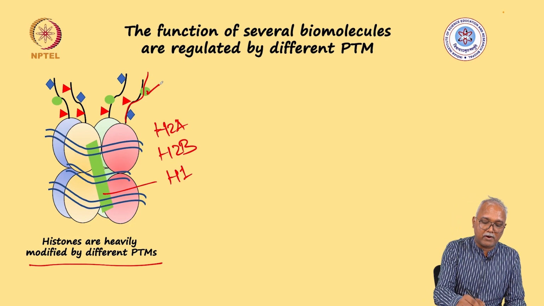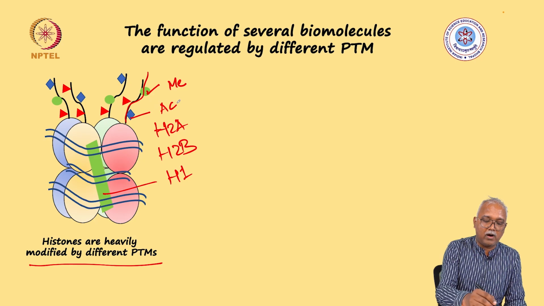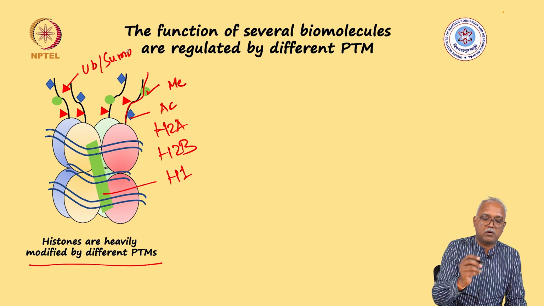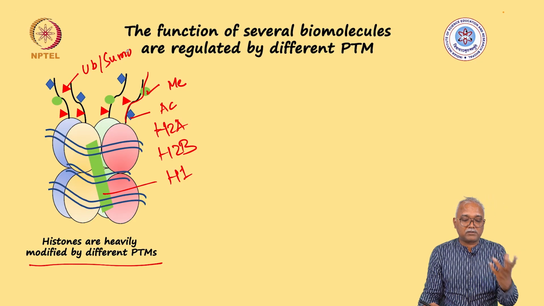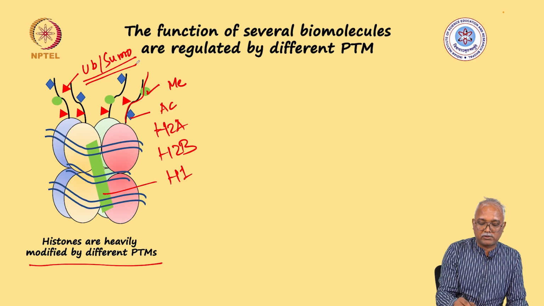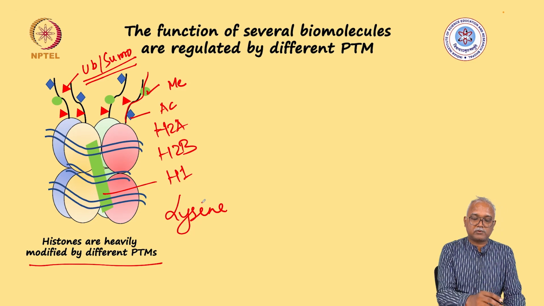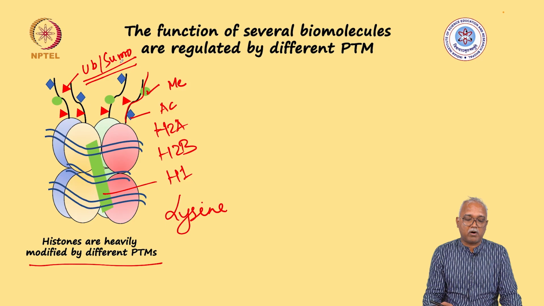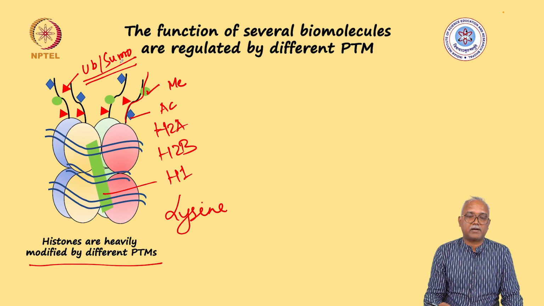There could be one type of attachment, if you consider this as a methyl, there could be another which is an acetyl group, or there could be attachment of ubiquitin or SUMO or something else. These are highly positively charged amino acids. The attachment of SUMO or ubiquitin happens on the lysine residues. So histones are positively charged, they have a lot of lysine residues where ubiquitination or SUMOylation can happen.